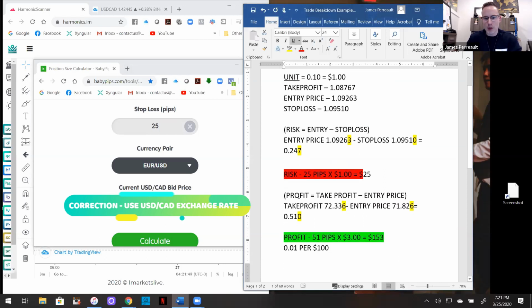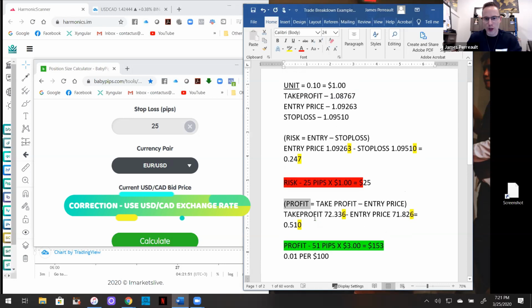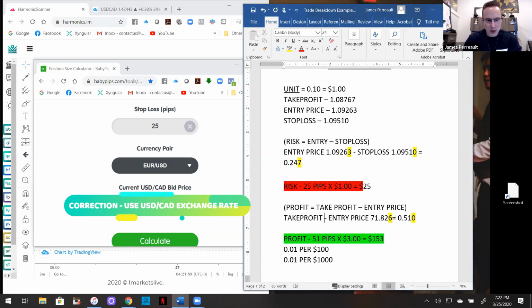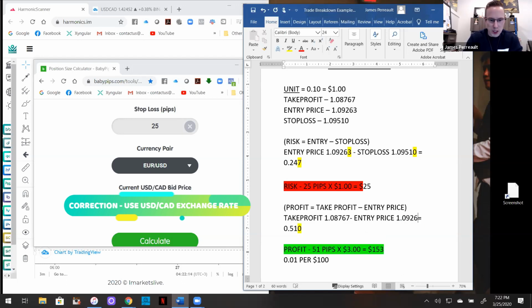So again, the same way for the profit, guys, what we're doing is we're taking our take profit minus our entry. Again, very simple, easy, quick math. So I'm just going to punch this in. Our take profit is 1.08767, and that's going to be minus our entry price of 1.09263.